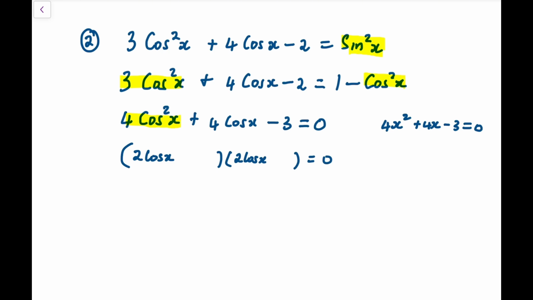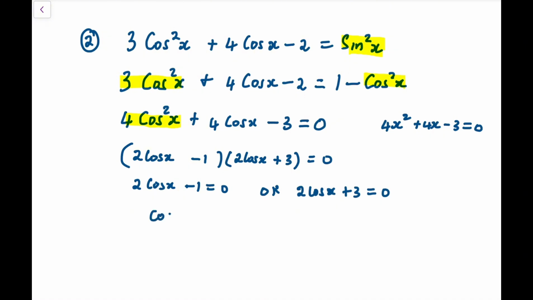We have minus 1 and plus 3. But remember, if you are not comfortable with factors, just use a quadratic formula. So then we have 2 cos x minus 1 is equal to 0, or 2 cos x plus 3 is equal to 0. And then we make cos x subject of the formula.